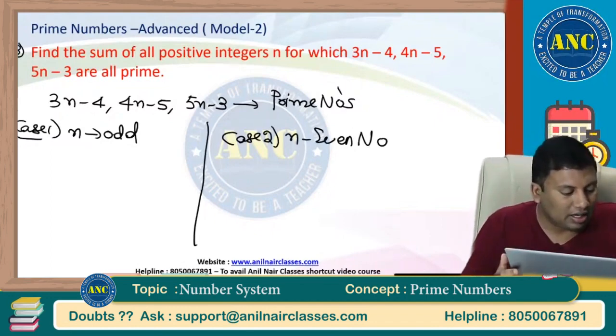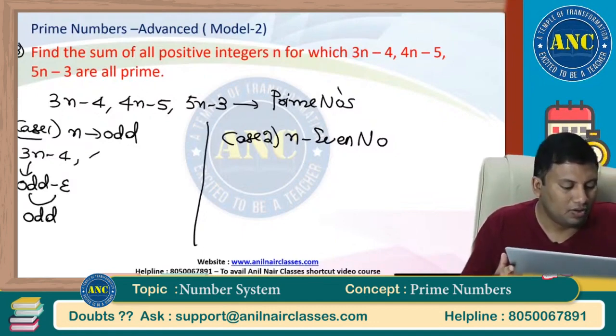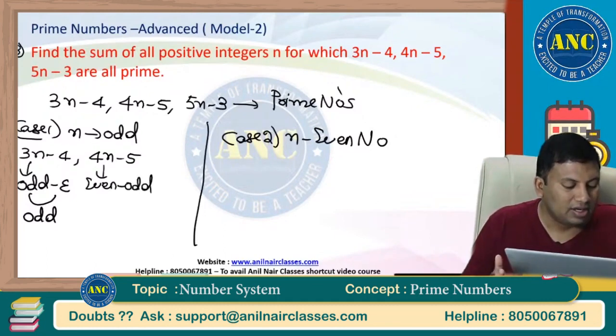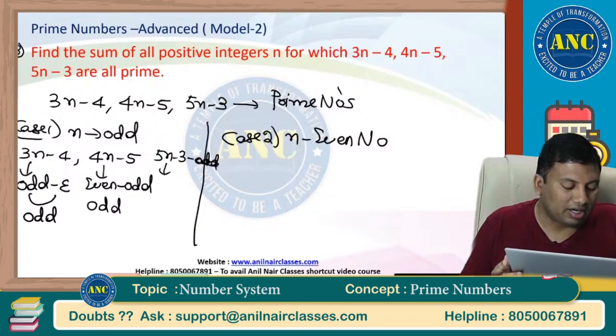So, 3n minus 4. 3 is an odd number. Odd into odd is odd. 4 is an even number. Odd minus even is odd, possible. 4n minus 5: odd into even is even, minus 5, and 5 is an odd number, so even minus odd is odd. 5n minus 3: odd into odd is odd, odd minus odd is even.